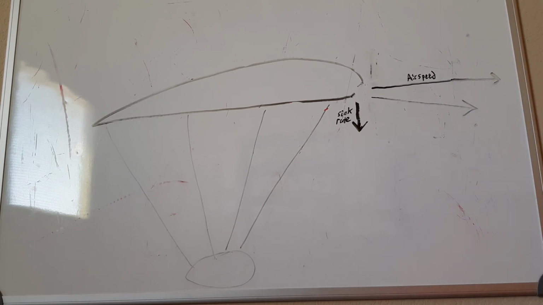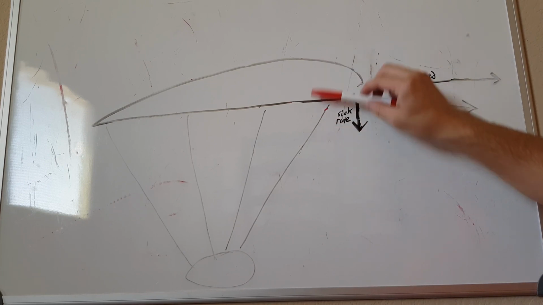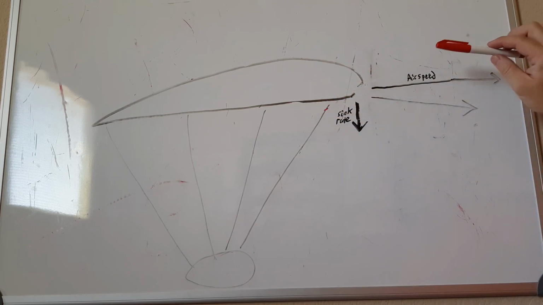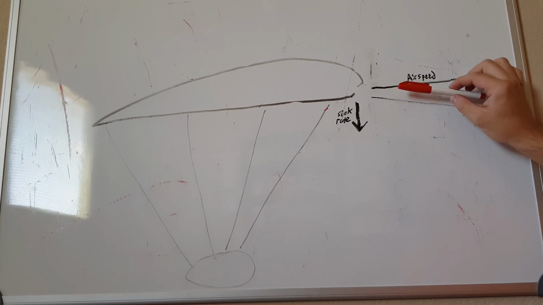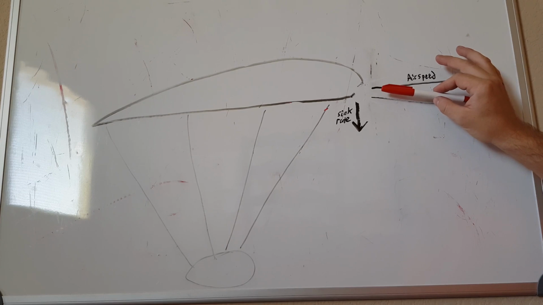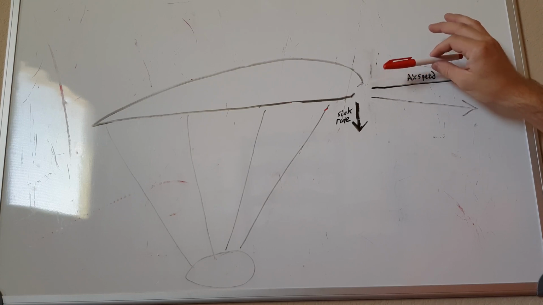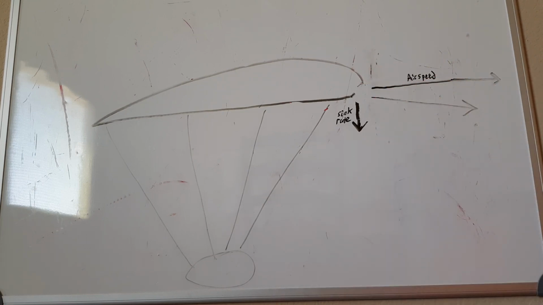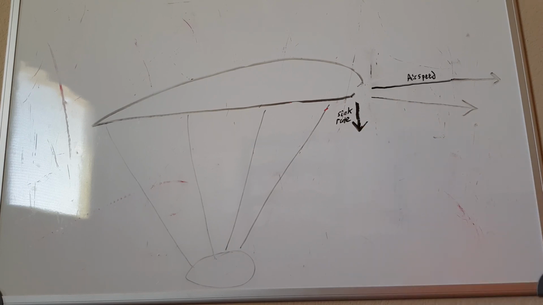You're closer to that point of moving the low pressure area. That means if you fly through some turbulence, it takes less turbulence to bring that angle of attack to a negative angle of attack and make your wing collapse when you're trimmed out or on speed bar on a classic profile wing.